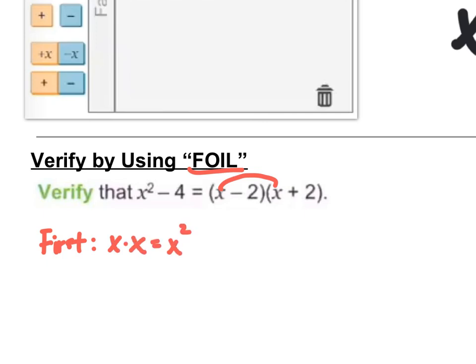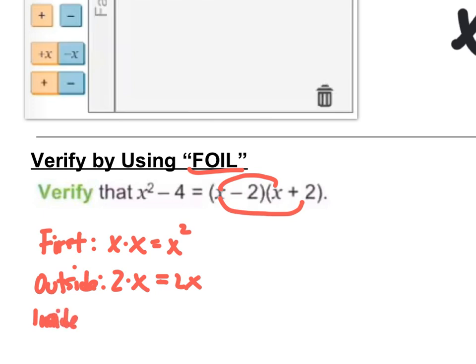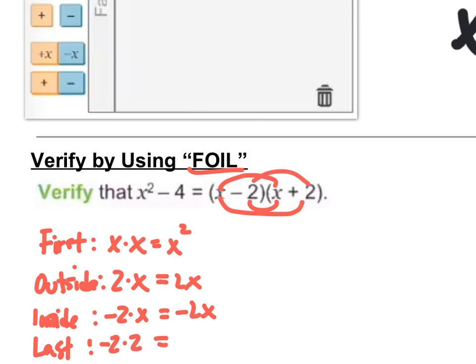We're going to take the outside, which means I'm going to take x times 2, and that's going to equal 2x, okay? We're going to take the inside, which means I'm going to take negative 2 times x, which gives us negative 2x, and then we're going to take the last, which is just going to be negative 2 times 2, which is going to give us negative 4.